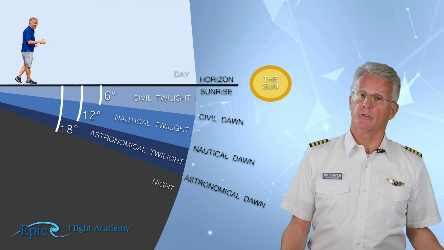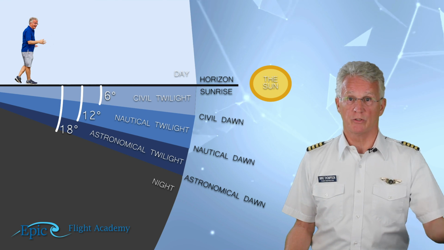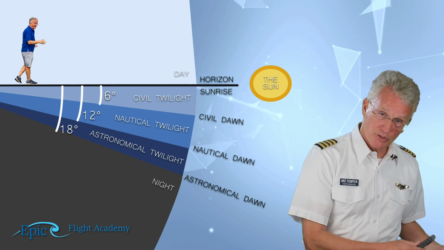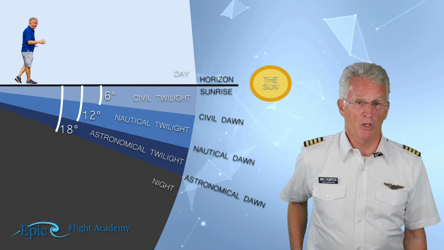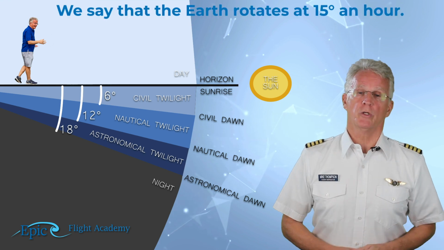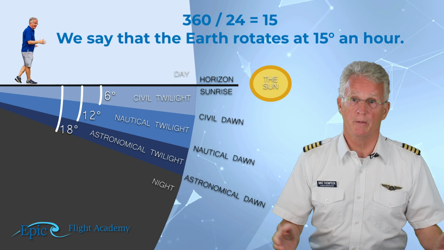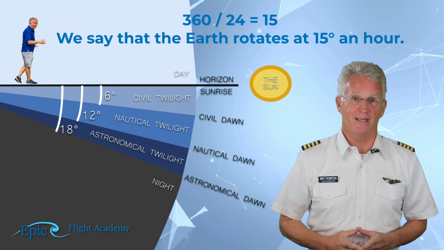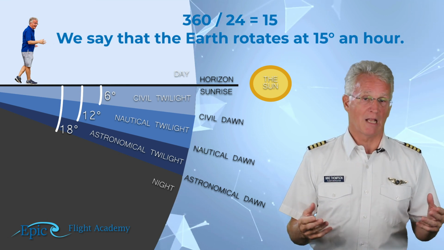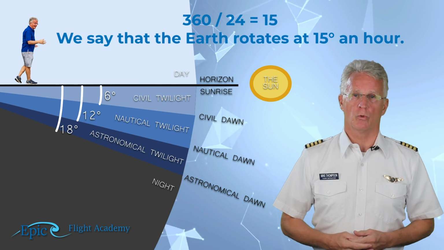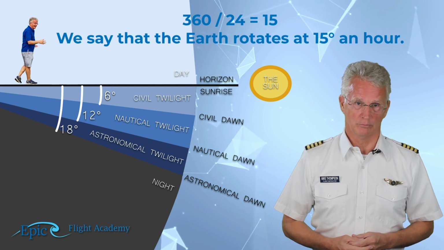Well, the Earth rotates 360 degrees in one revolution, and this takes 24 hours. So, because 360 divided by 24 equals 15, we say that the Earth rotates at 15 degrees per hour.